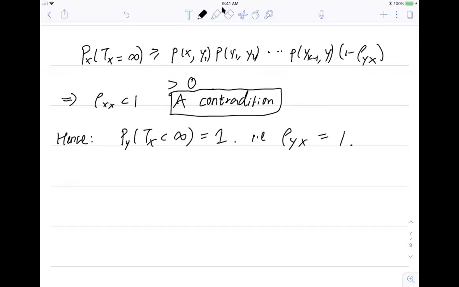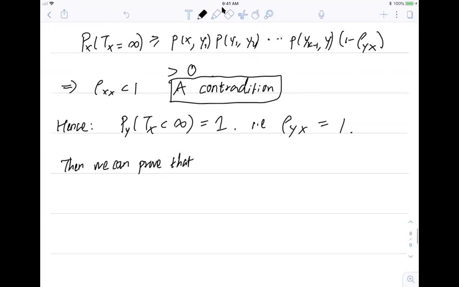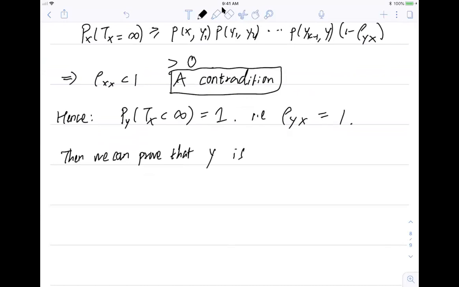Then there are a few arguments, from rho yx equals 1, so then we can prove, but I will skip the proof, that y is recurrent. How to show y is recurrent? You can just show this. What does this mean?